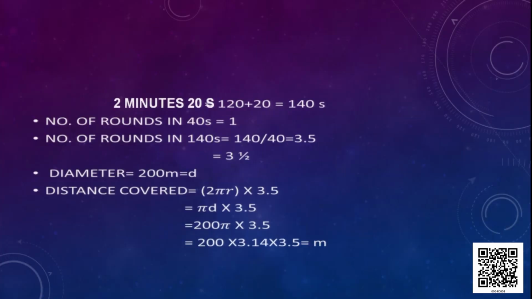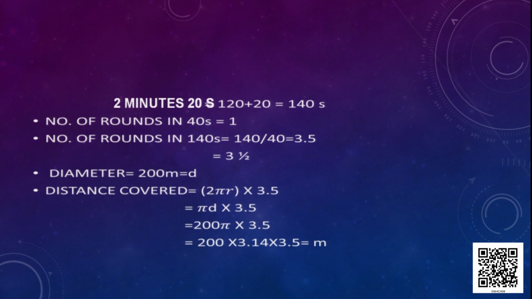If you convert 2 minutes 20 seconds into seconds, we know 1 minute is equal to 60 seconds. So 2 minutes 20 seconds equals 60 into 2, equal to 120 seconds, plus 20 seconds, equal to 140 seconds. The number of rounds the athlete completes in 40 seconds equals 1.